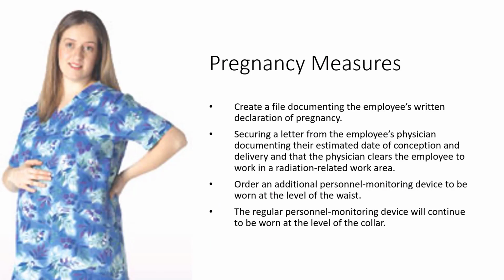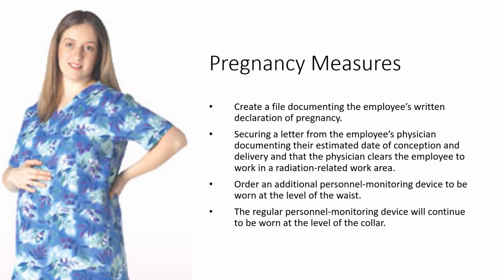Once the worker declares their pregnancy, we need to create a file documenting the employee's written declaration of pregnancy. We need to secure a letter from the employee's physician documenting their estimated date of conception and delivery, and that the physician clears the employee to work in a radiation-related area.